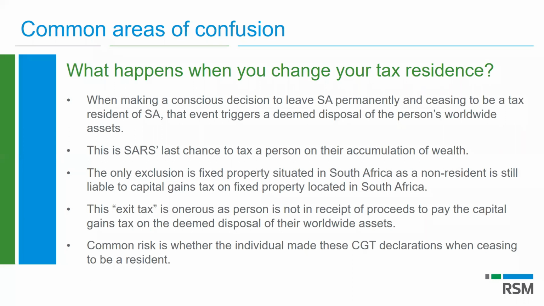Now, the only exclusion to this deemed disposal exposure is related to fixed property that is situated in South Africa. And the reason for that exclusion is because a non-resident of South Africa will still be liable to capital gains tax on fixed property that is situated in South Africa. And that is why, if there is fixed property, that gain event will always be deferred until the actual disposal happens.